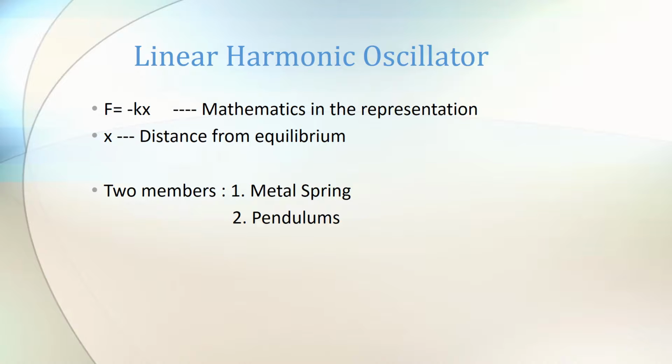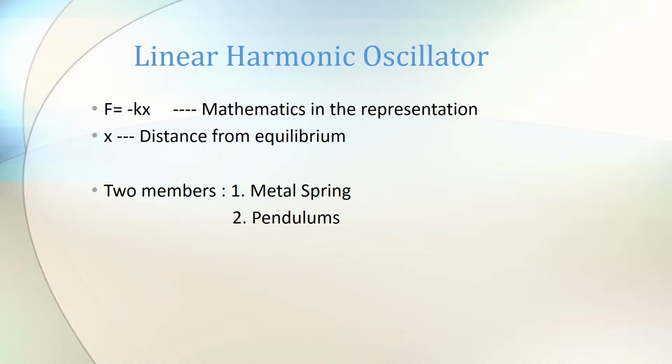In the linear harmonic oscillator model, F equals negative kx is the mathematics in the representation. F represents the restoring force, and x is a variable that represents the distance from equilibrium.